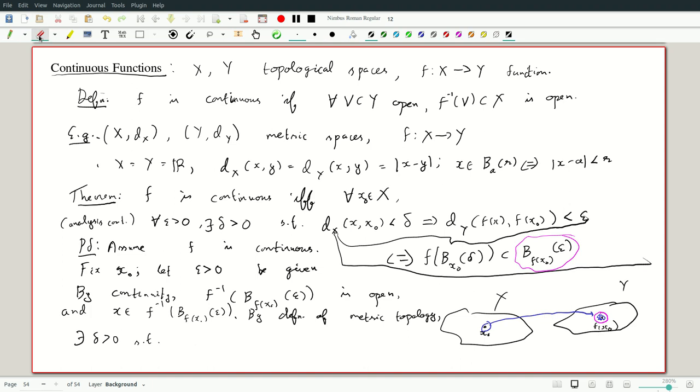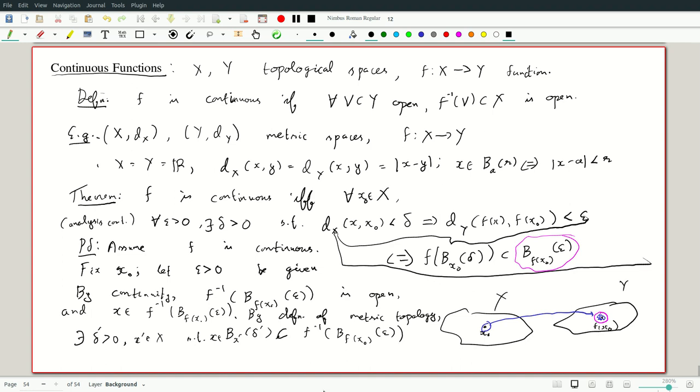There exists, let me call that delta prime greater than 0, and some other point x prime in X such that if we look at the ball around x prime of radius delta prime, x belongs to this ball, and this ball is contained in the set f inverse of the ball around f of x0 of radius epsilon.